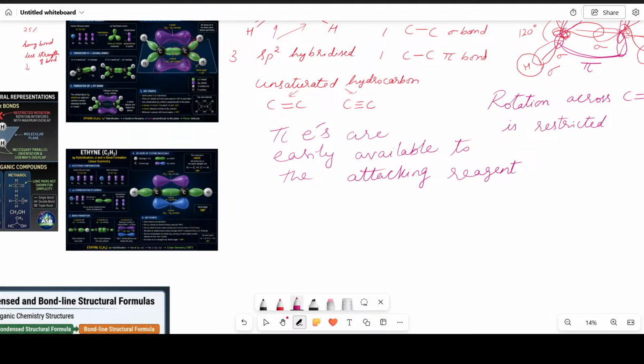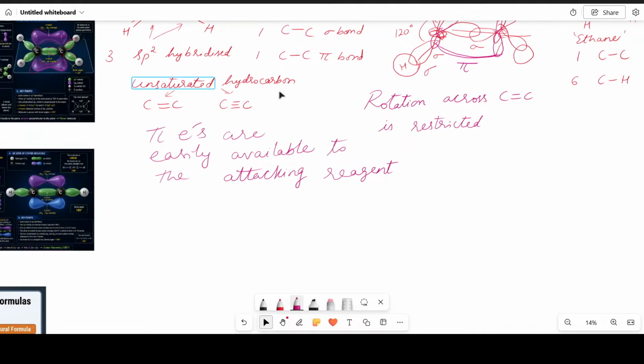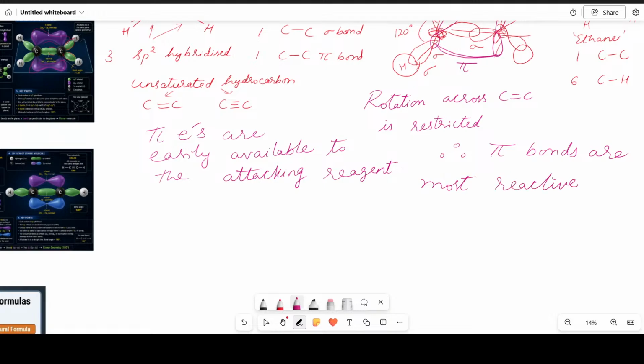Therefore, the pi bonds are the most reactive sites in the molecules which contain double bonds or triple bonds.